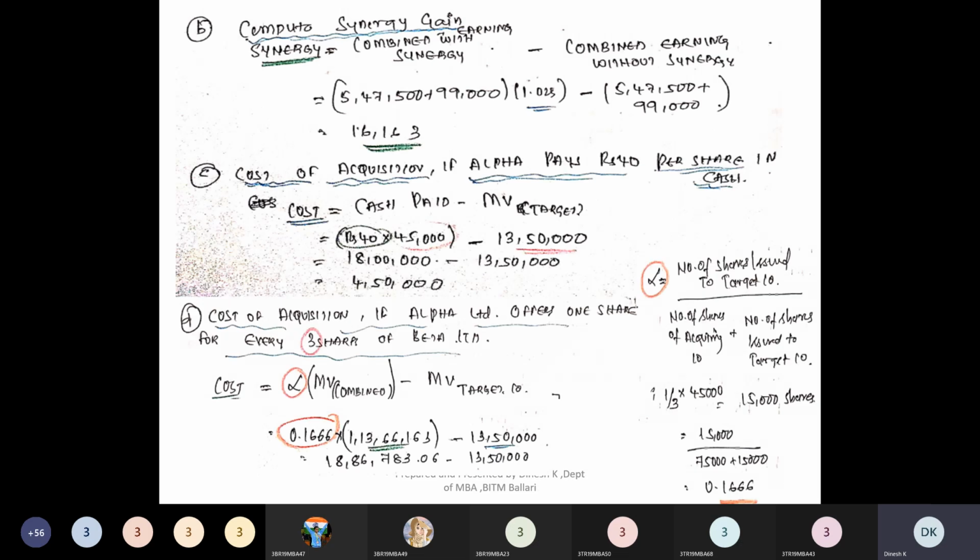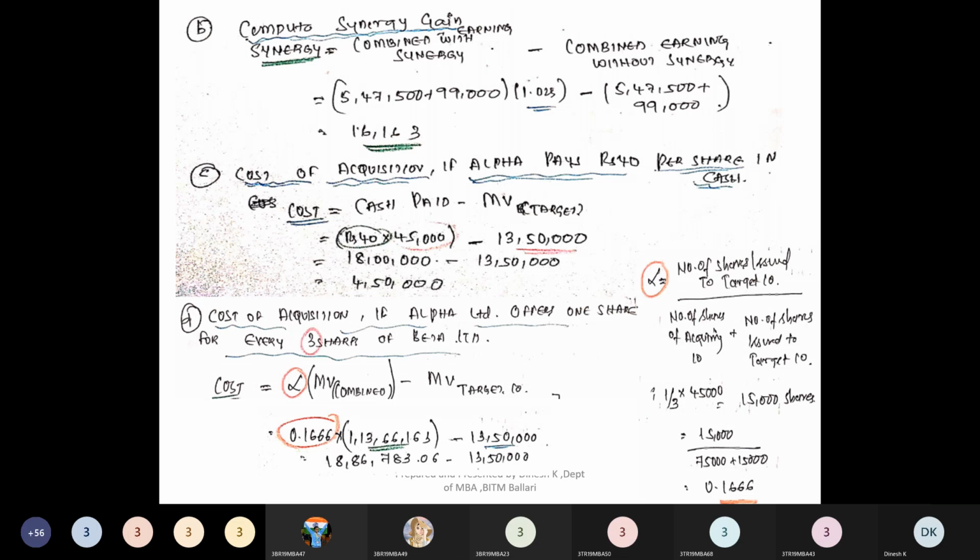Cost of acquisition, what is the value that you are going to get? How much is the value that you are going to get there?